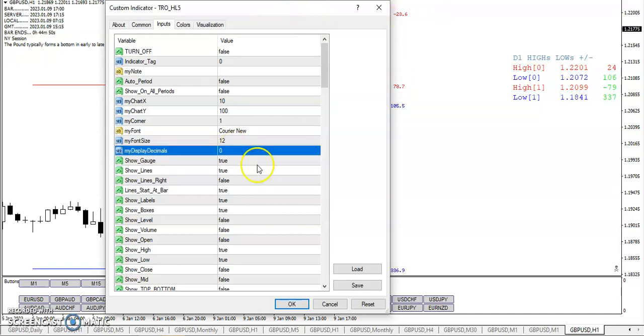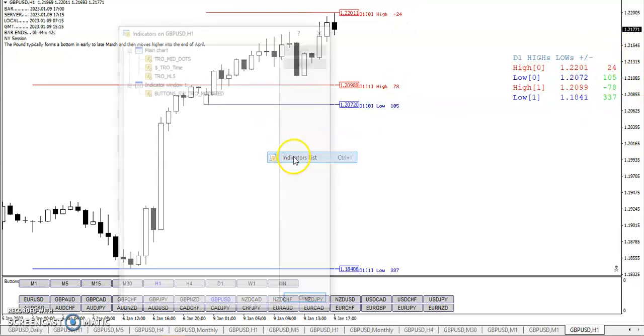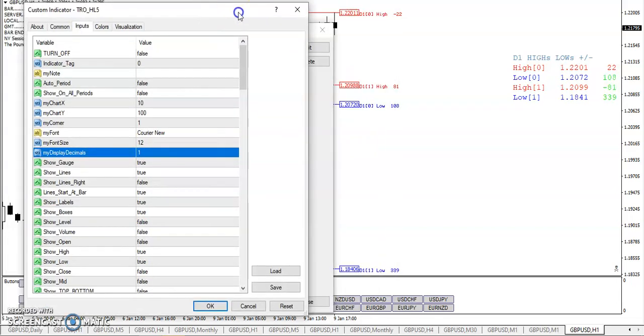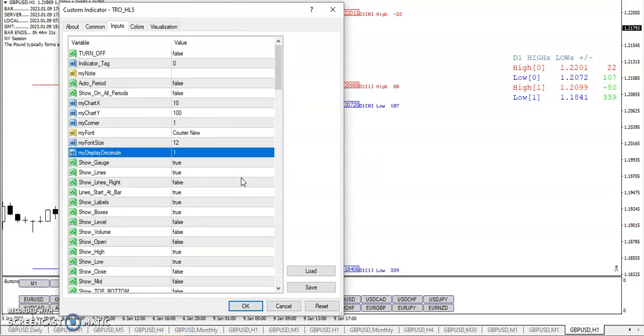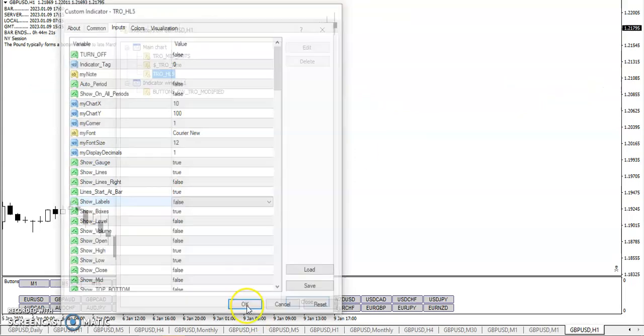Maybe you don't like that. To show the points, this will just show. I can see I didn't update this to show decimals. I put this here as a 1, because a lot of times when we're scalping, we really need to look at the points. Show gauge true, lines start at bar, show labels. Maybe you don't want to see the labels, you just want to see the lines.